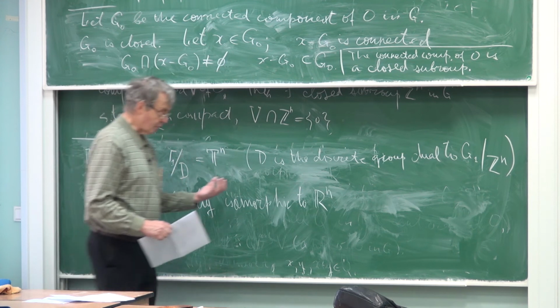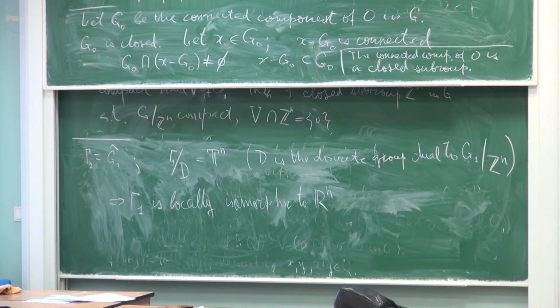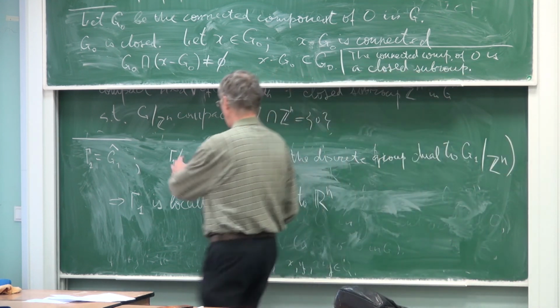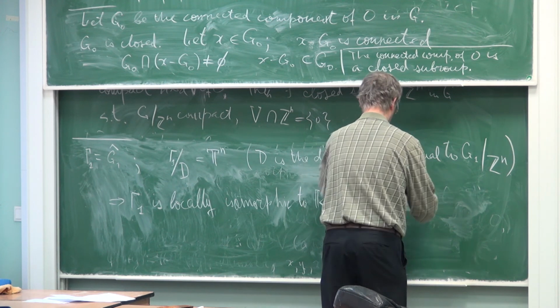But since this group is discrete, this factorization does not involve some small neighborhood of 0 in gamma 1.